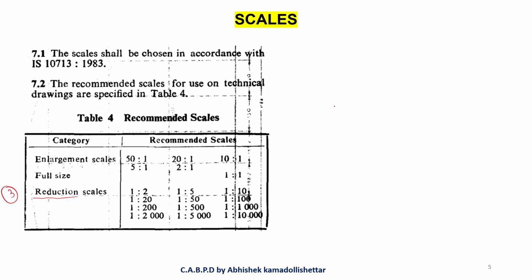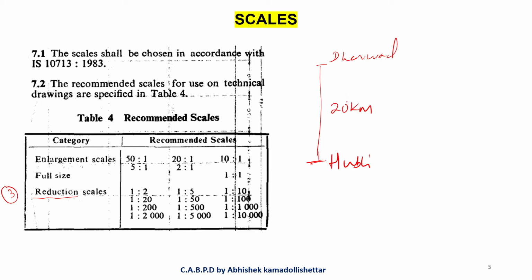Let me give you an example. Suppose the distance between Hubli and Dharwad, places in Karnataka, is 20 kilometers.